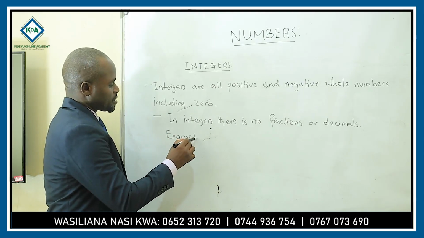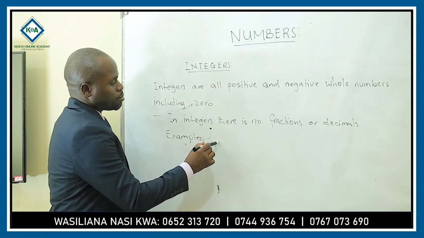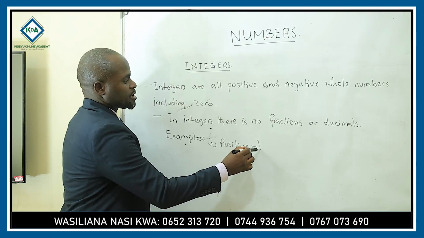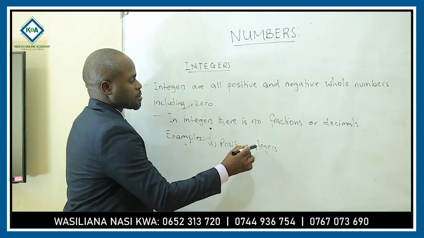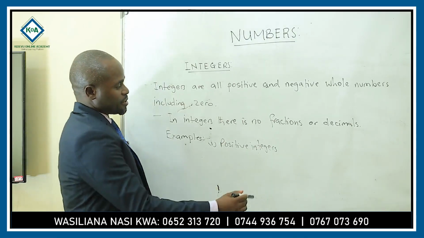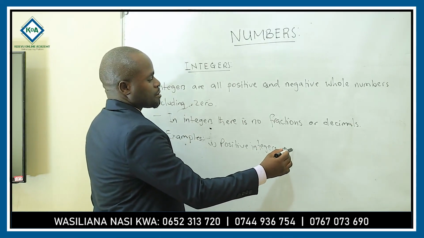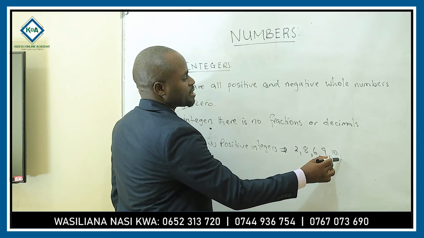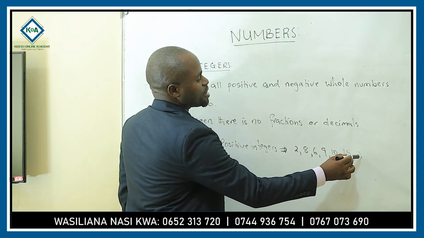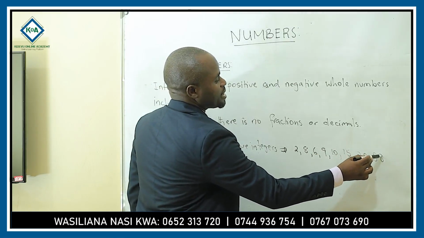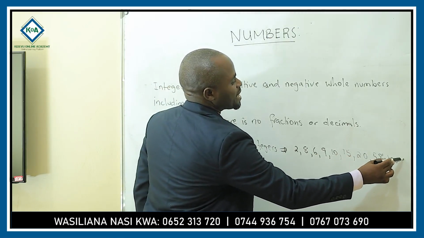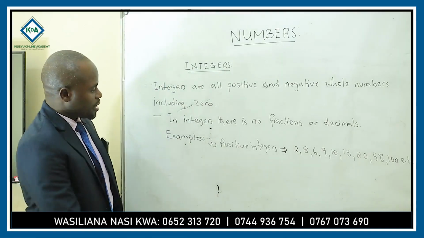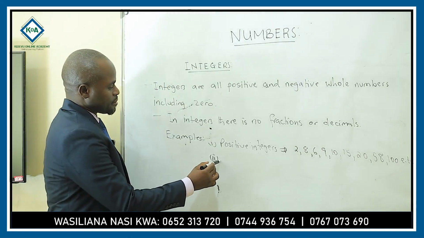examples of integers, let us start with the positive integers. Now, positive integers, we have numbers like maybe 2, 8, 6, 9, 10, 15, 20, 58, 100, etc. All of these are positive integers. But also we have negative integers.